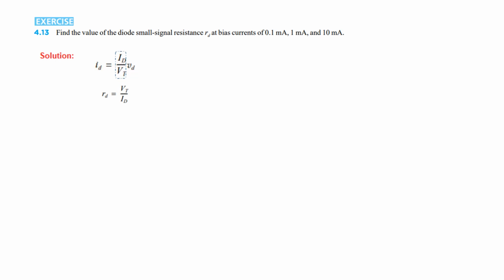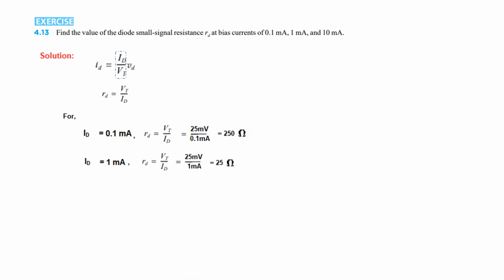From here we know that Rd is Vt over Id. Vt we know is 25 millivolt. So for Id of 0.1 milliampere, Rd will be Vt over Id, 25 millivolt over 0.1 milliampere, so it is 250 ohms.